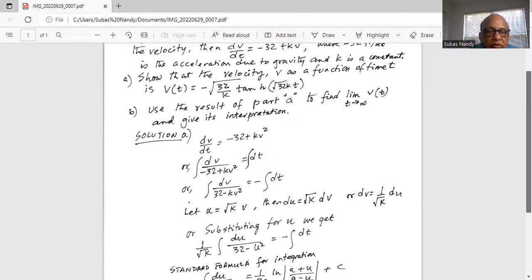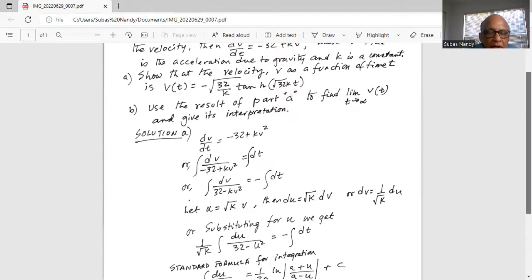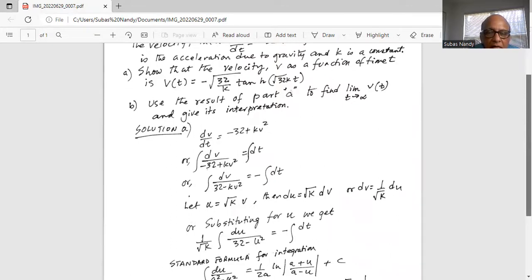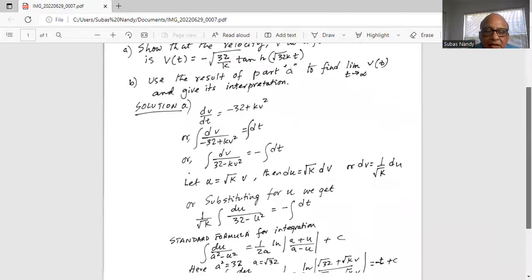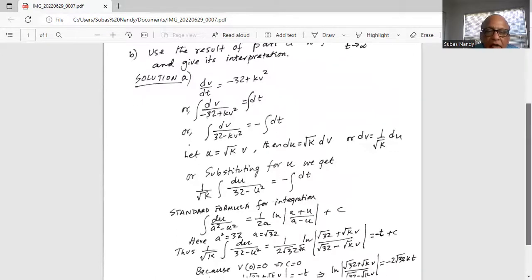Replacing dv, we get 1 over square root of k, integration of du over 32 minus u square on the left hand side, and on the right hand side minus integration dt, and this comes with a standard formula.